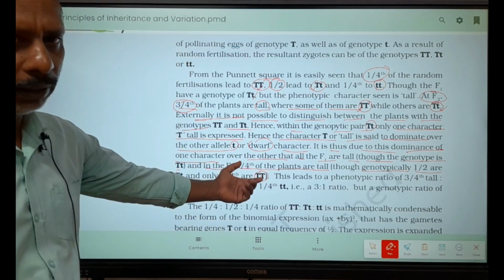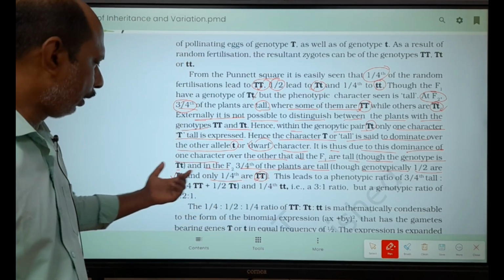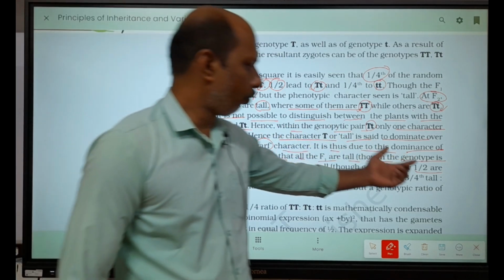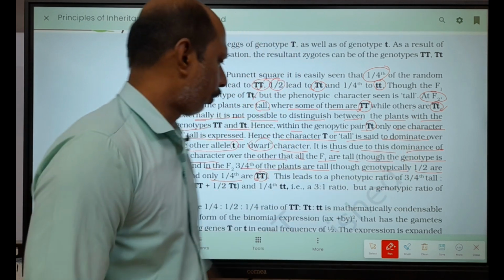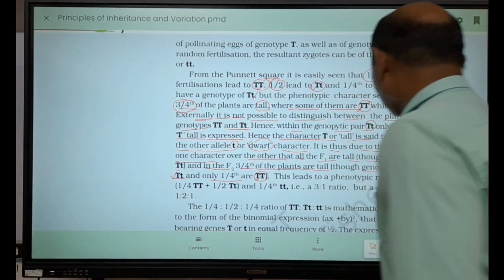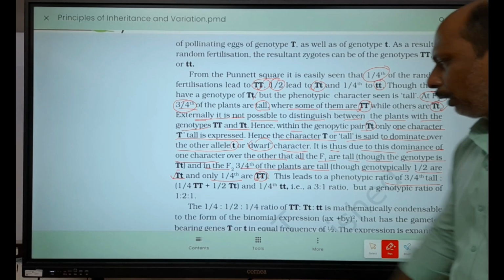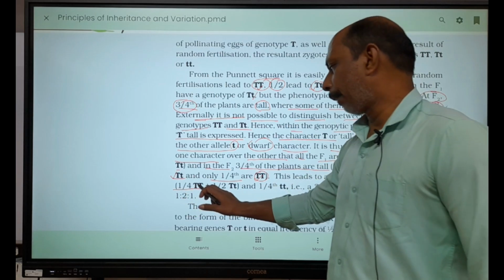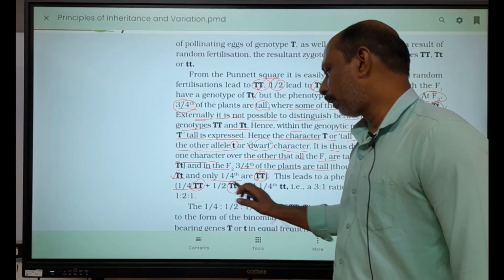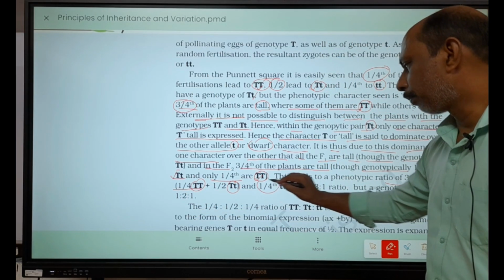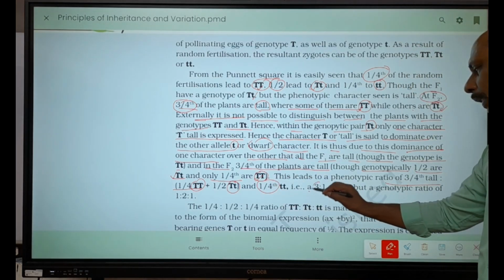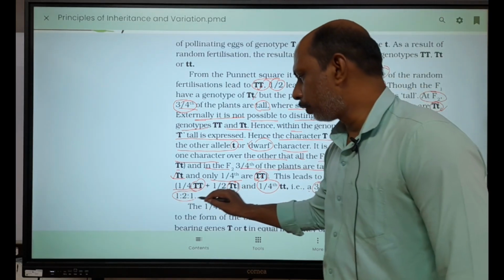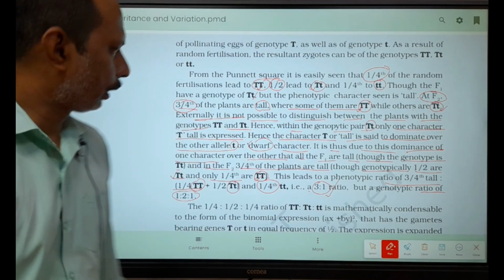So 1/4 is pure breed capital T, half is hybrid capital T small t, and 1/4 is small t only. This leads to a phenotype ratio of 3/4 tall and 1/4 dwarf. That means we can say a 3:1 phenotype ratio, but the genotype ratio is 1:2:1.